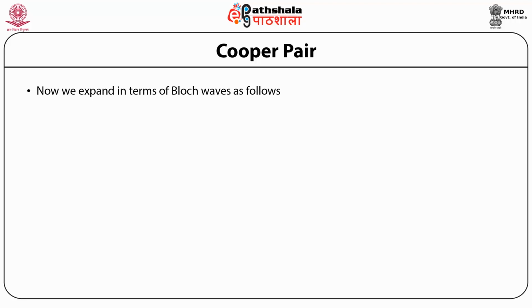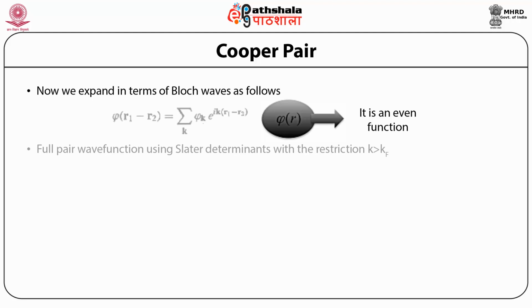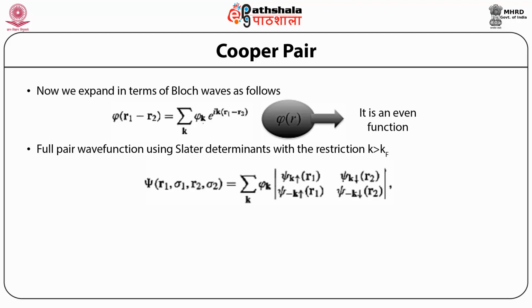The spatial part of the wave function is written as summation over k of phi k into e raised to power iota k dot (R1 minus R2). This phi k is an even function. The full electron pair wave function, using Slater determinants with the restriction that k is more than kf, can be written as summation over k of phi k multiplied by a 2 by 2 matrix.